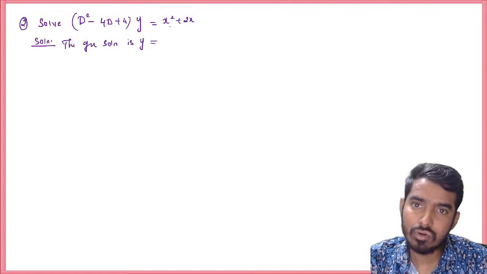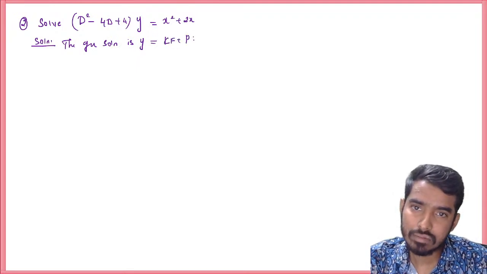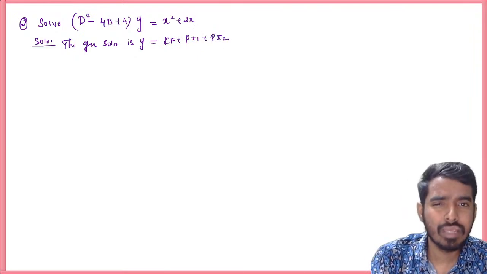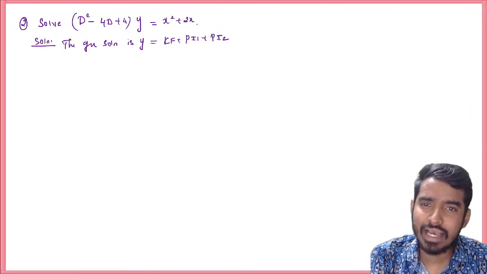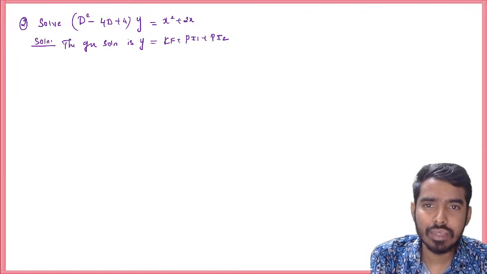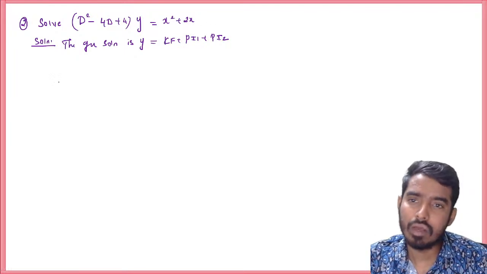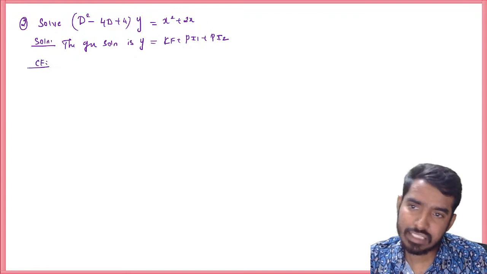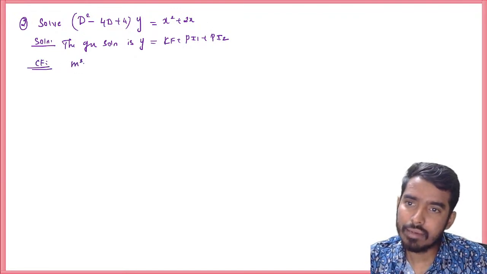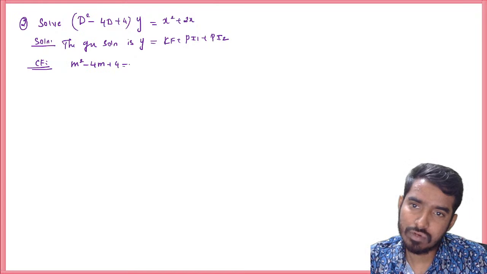y is equal to CF plus PI1 plus PI2, or you can also take this entire term to be PI, right? That is your wish, but I'll suggest you take this as PI1 and this as PI2, right? Now you find the characteristic equation m square minus 4m plus 4 is equal to 0.